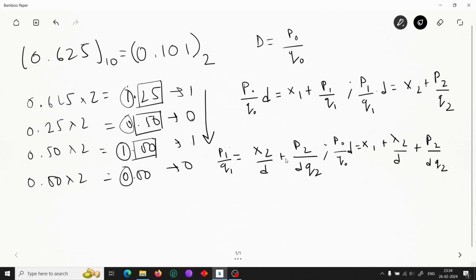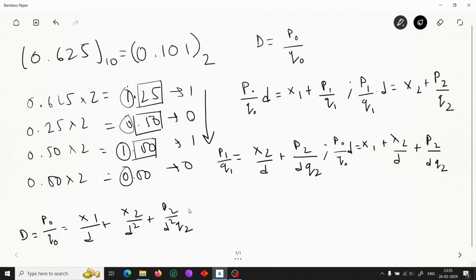And now again we are going to change the side of this d to this side, and the final equation would become p0 by q0, which is basically the initial number, turns out to be x1 by d plus x2 by d square plus p2 by d square q2.